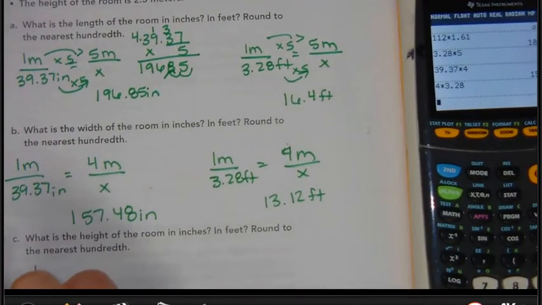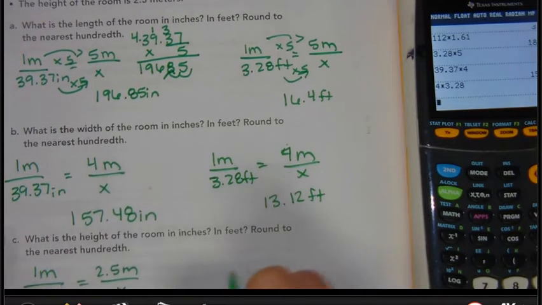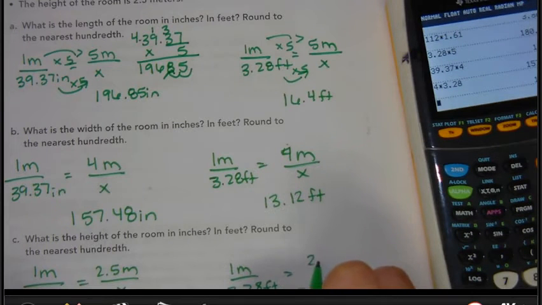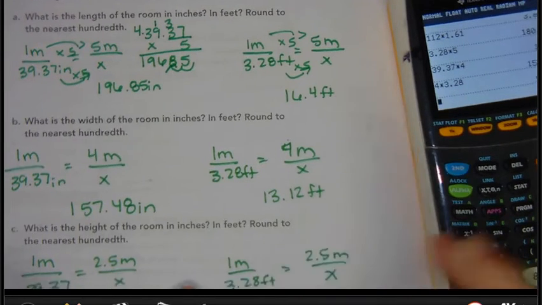And I'm going to do the same thing for C. 39.37 is equal to 2.5 meters, an unknown. 1 meter is equal to 3.28 feet is equal to 2.5 meters, an unknown.